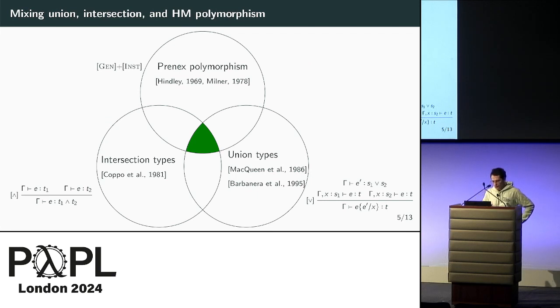The two first are used to implement prenex polymorphism and come from Hindley-Milner systems. The third one comes from intersection type system, and the last one from union type systems. So none of these rules are new. They all exist from prior work, but our work consists in combining them into a single type system.